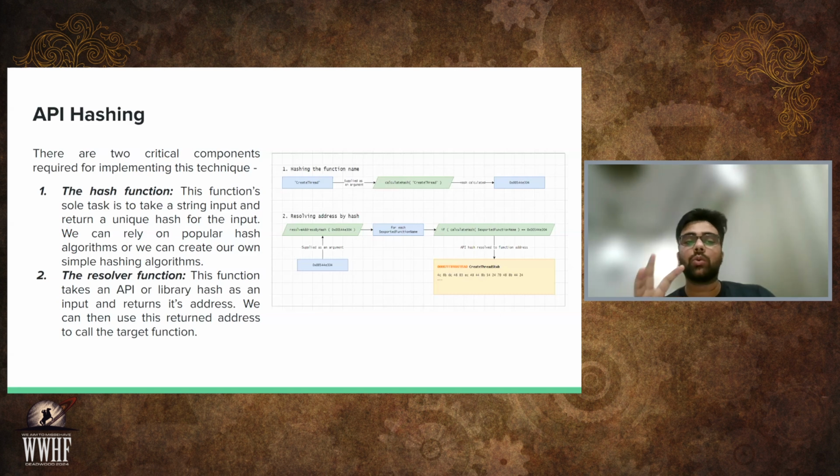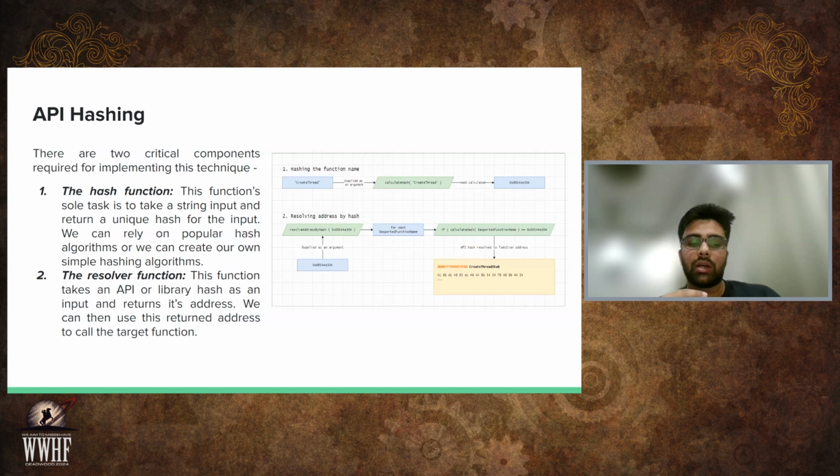There are two critical components for implementing API hashing. One is a hash function and one is a resolver function. The hash function's sole task is to take a string input and give us a static or hashed value for that particular string input. We can either rely on popular hashing algorithms like MD5, or we can create our own by XORing with a static key. That's entirely up to us.